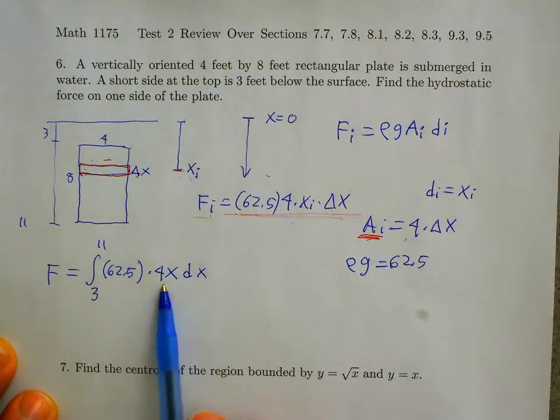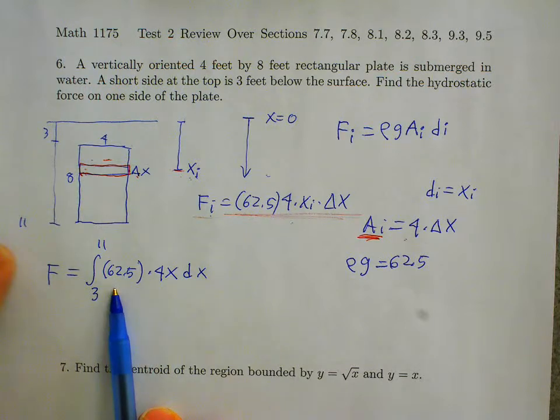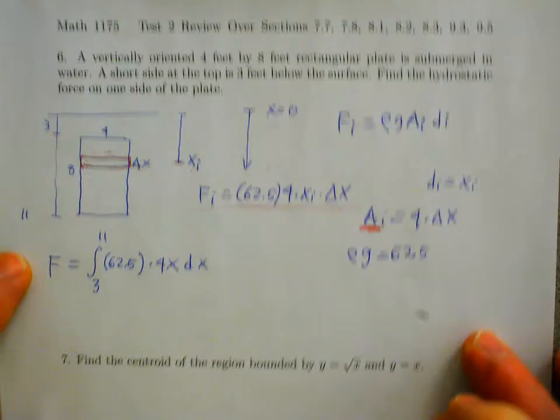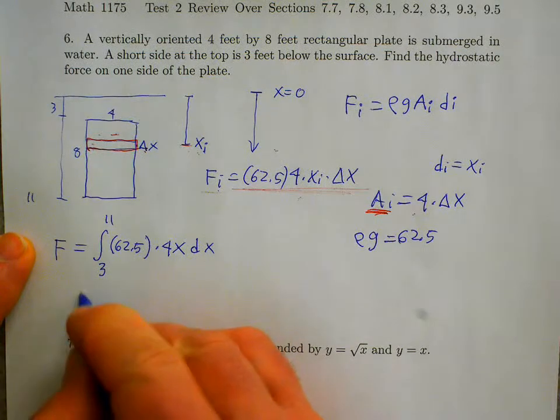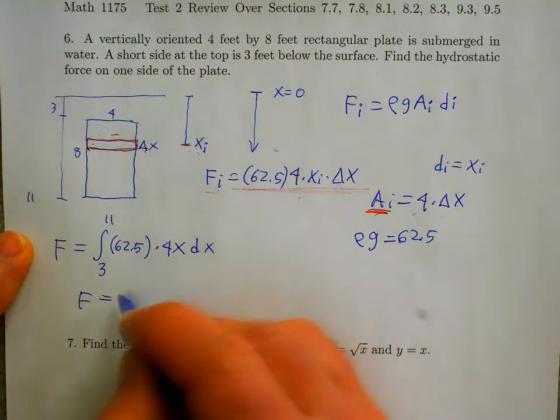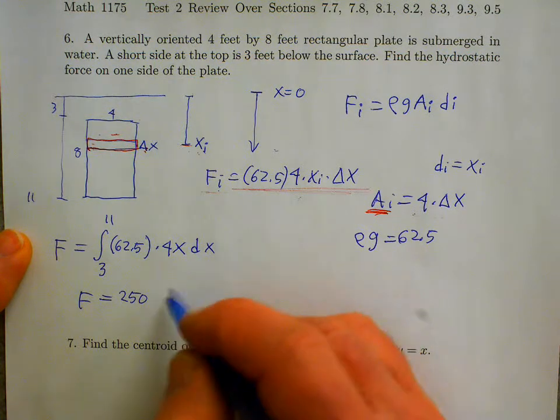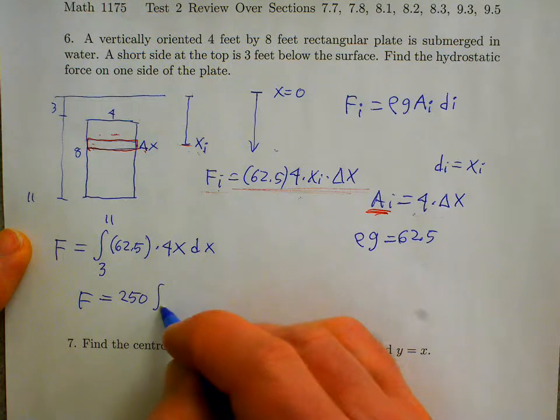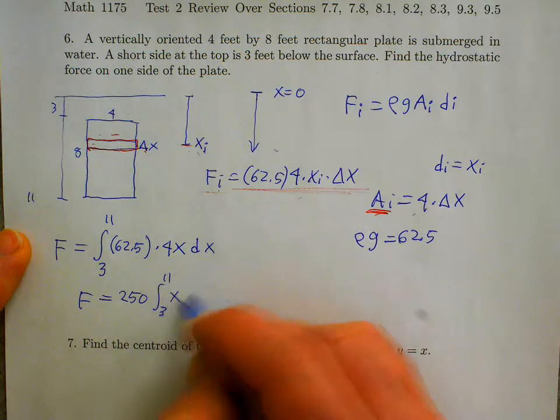And we can simplify this a little bit because 4 times 62.5 is 250. So we get F equals the constant 250 times the integral from 3 to 11 of x dx.